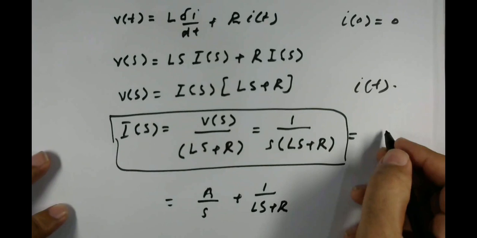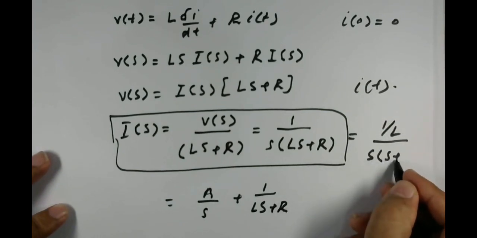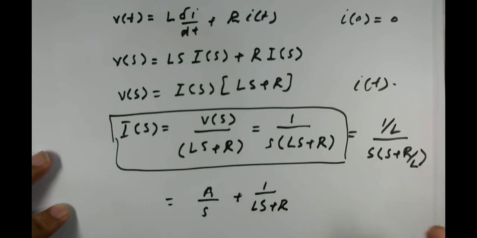So if you take L common, this will be 1 by L divided by s into s plus R by L. And then do the rest of the story for partial fraction.